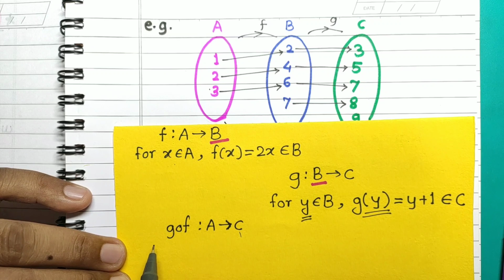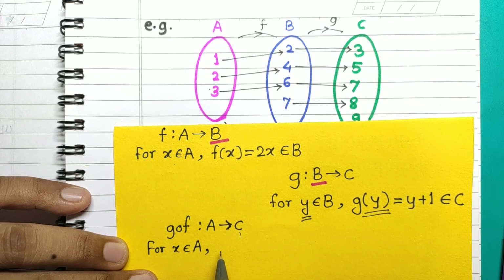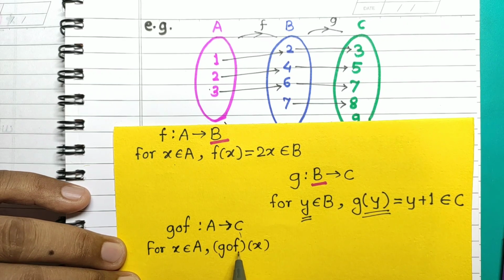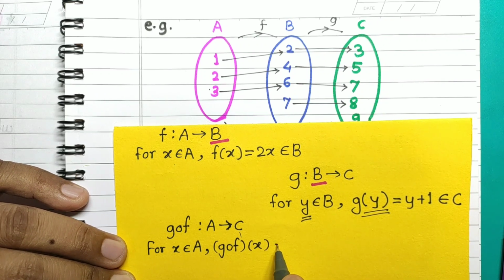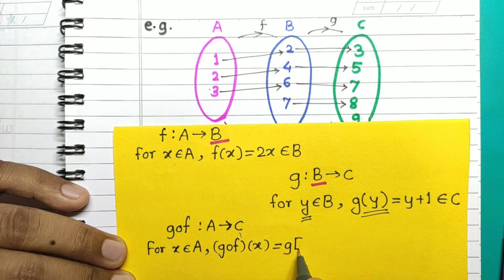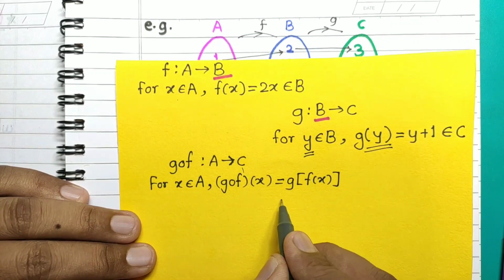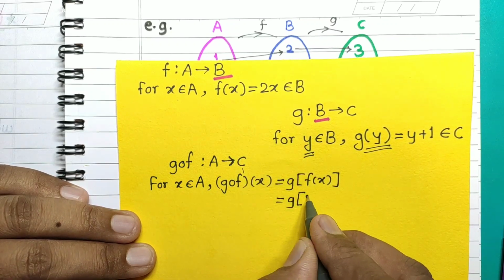That means for any element x in the domain set A, its image under function g of f is denoted by g of f of x, you can say gof of x is g of f of x. And we have function f of x is twice x.